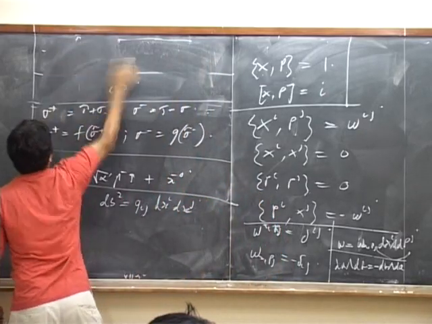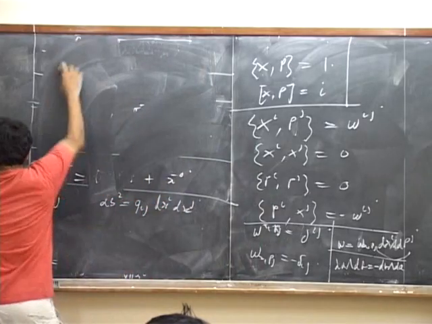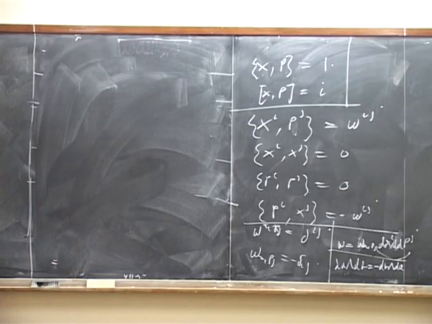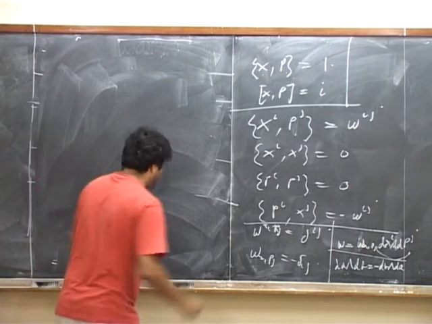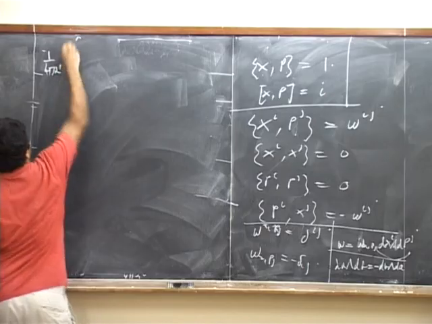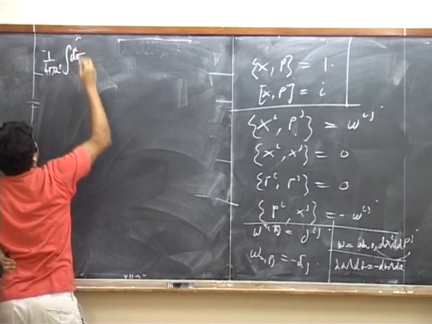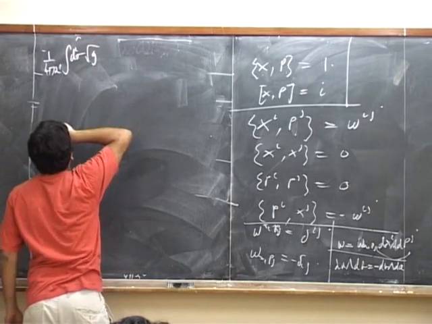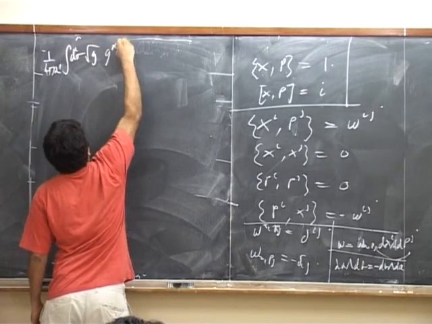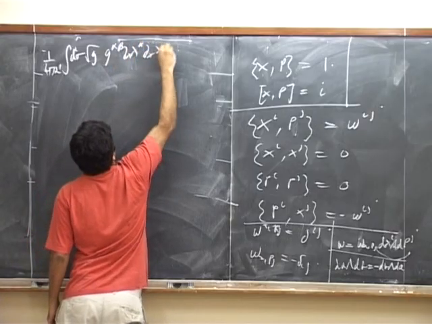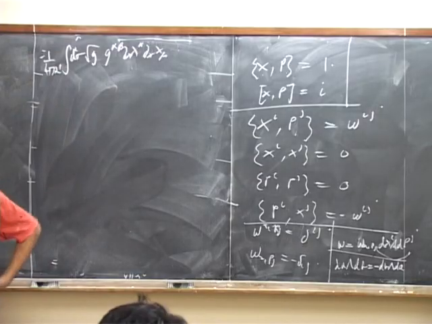Okay, we work in the gauge that we're working in. Okay, what was our action? Well, our action was 1 by 4 pi alpha prime, right? Integral d^2 sigma. Now okay, let's say even before fixing the gauge, that was g^{alpha beta} del_alpha X^mu del_beta X_mu, and that's a minus.